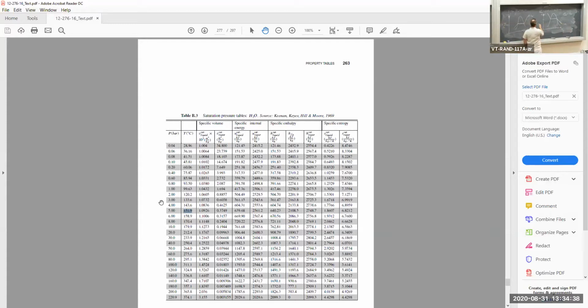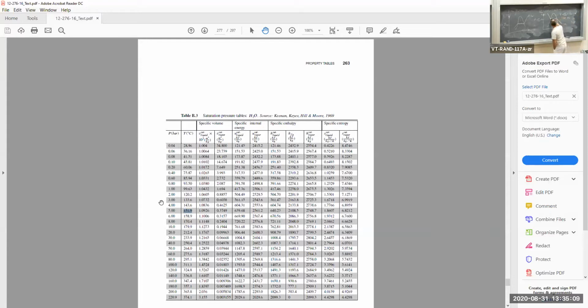So this is 5 bar. Psat at 151.9 is 5 bar. Okay? And that also is equal to our pressure. So Psat is also equal to P. Saturated mix.